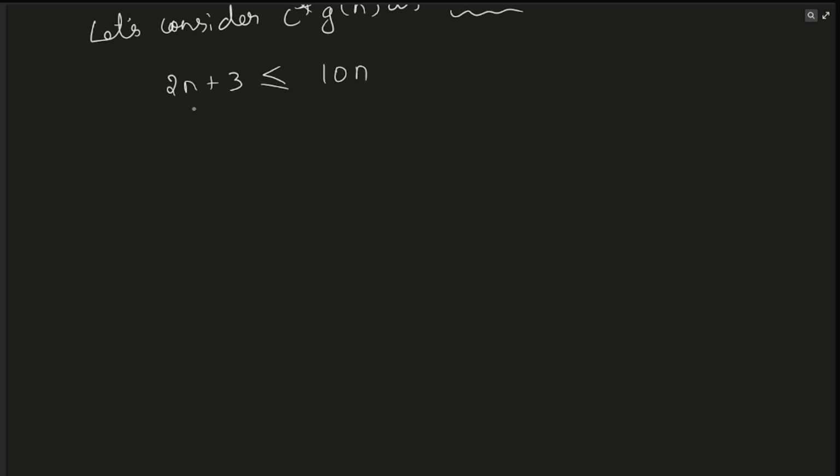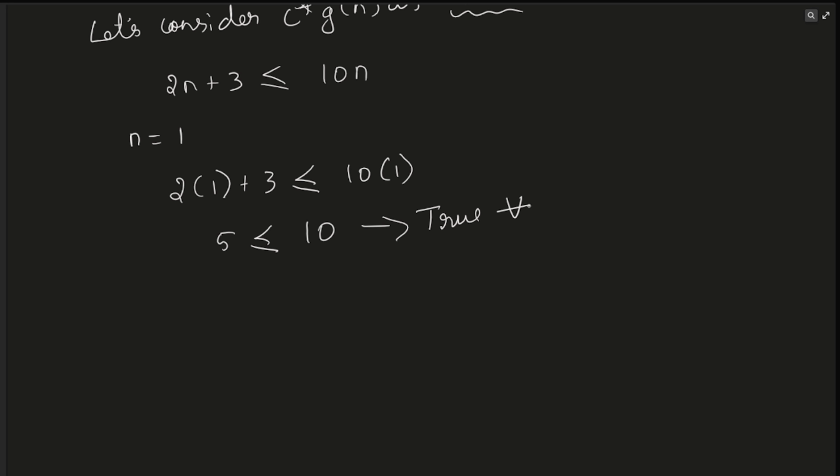To validate that, let's consider n equals 1 and substitute the value of n in this equation. 2 into 1 plus 3 less than or equal to 10 into 1. 5 is less than or equal to 10, which is true for all n greater than or equal to 1.